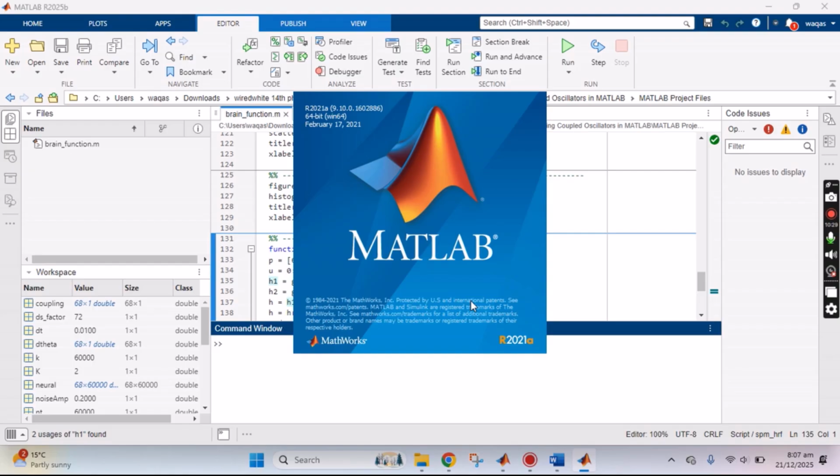This MATLAB takes some time to open, and then we will run it and I will provide you the output results. Let's wait.